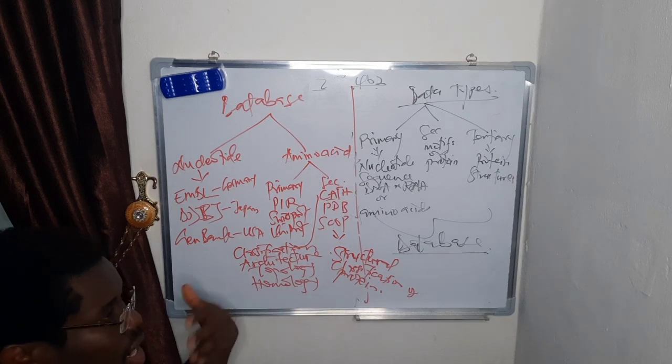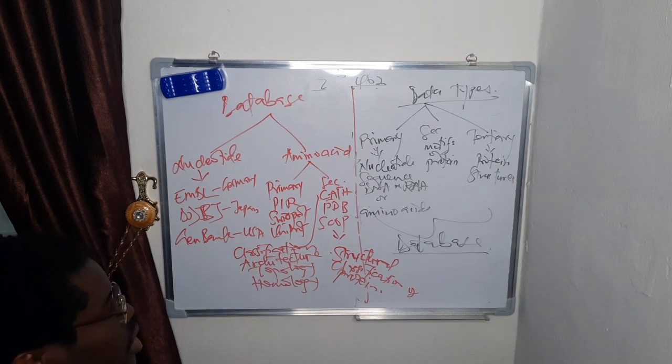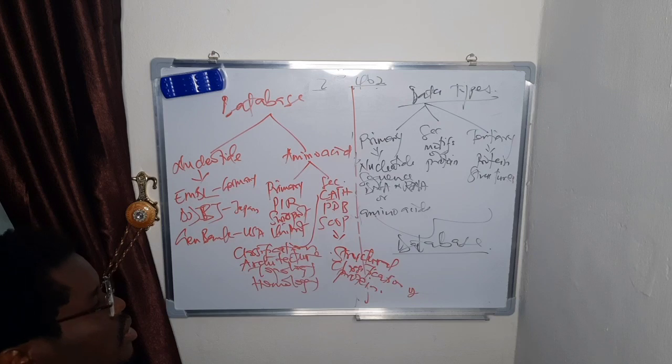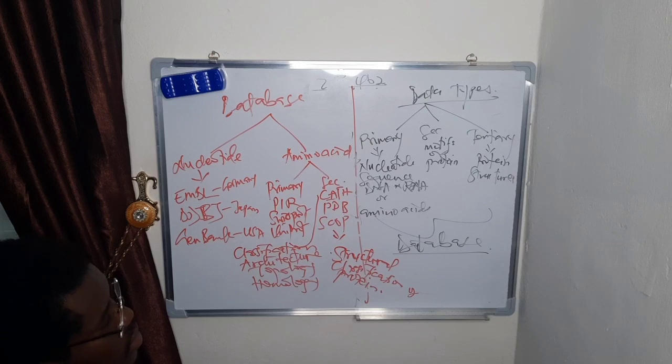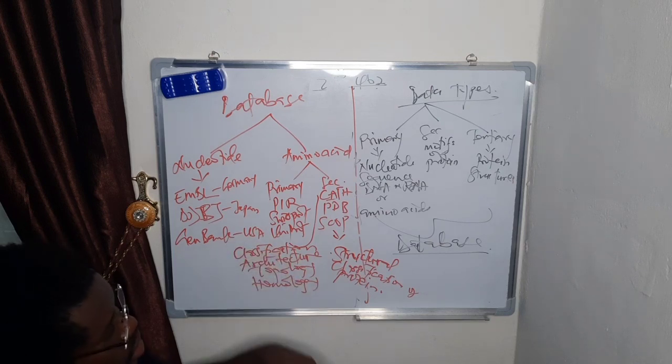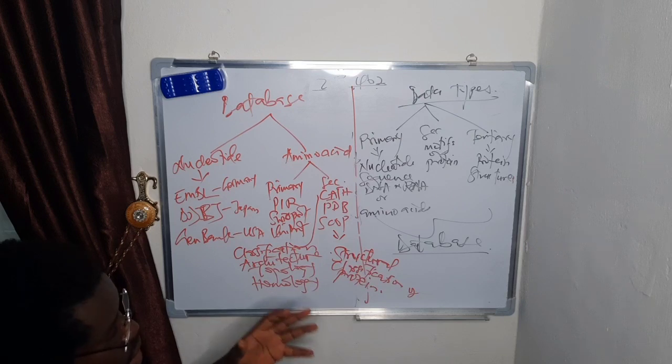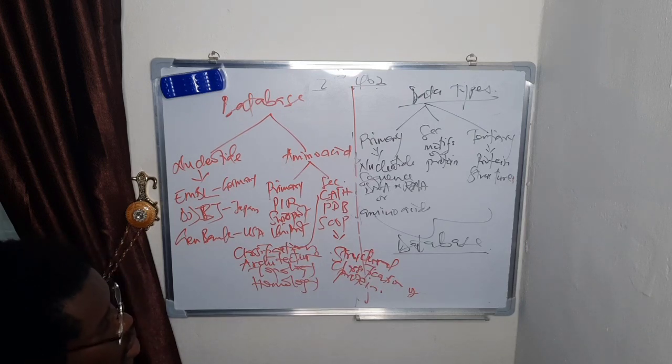Or rather, how the works of Zuckerkandl and Pauling gave rise to the theory of molecular evolution, and how Margaret Dayhoff and her colleagues tried to catalog the known protein sequences at that time.